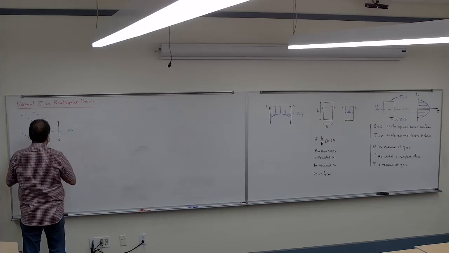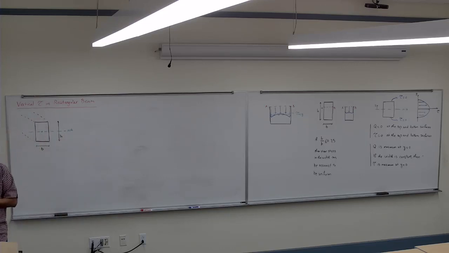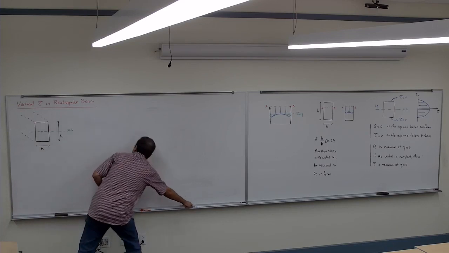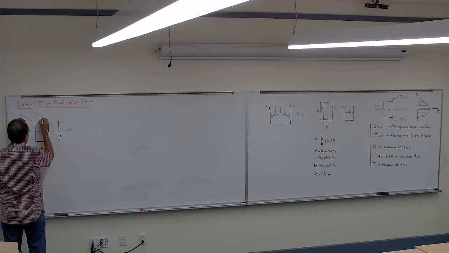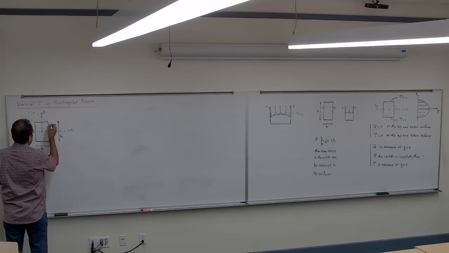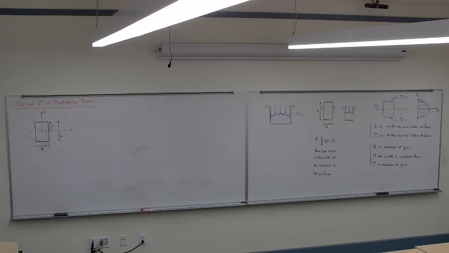This is H. And then if I consider the Y is going to be from here up, so that's the Y. And then this distance is C. C is half of the height.